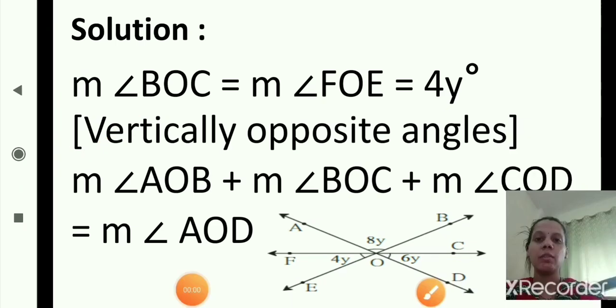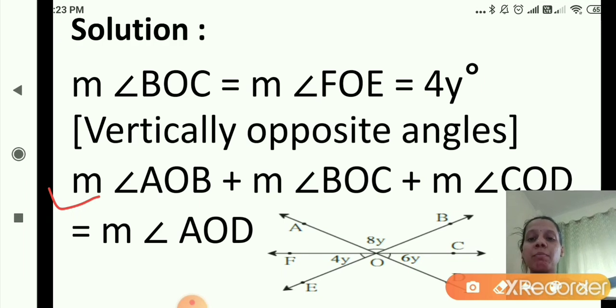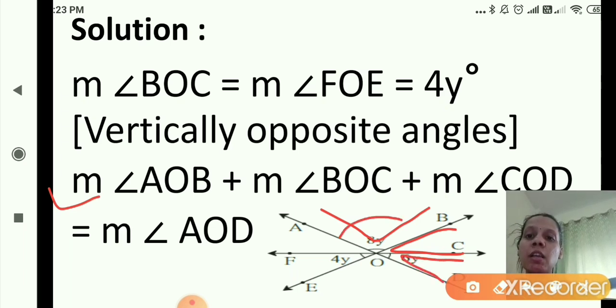Now the next step, as you can see here, is measure of angle AOB plus measure of angle BOC plus measure of angle COD is equal to measure of angle AOD. It means the measure of angle AOB, this angle, plus the measure of angle BOC, this angle, plus the measure of angle COD is equal to the measure of angle AOD, this whole angle, correct?